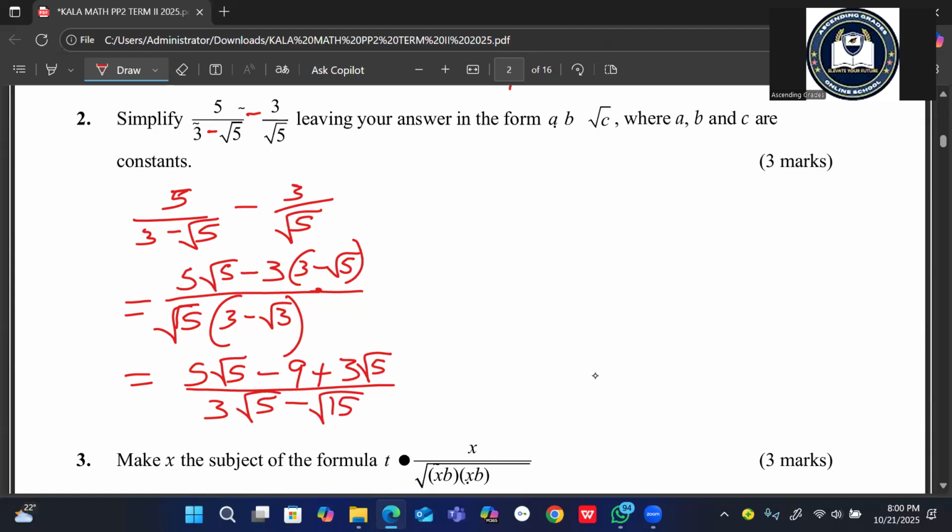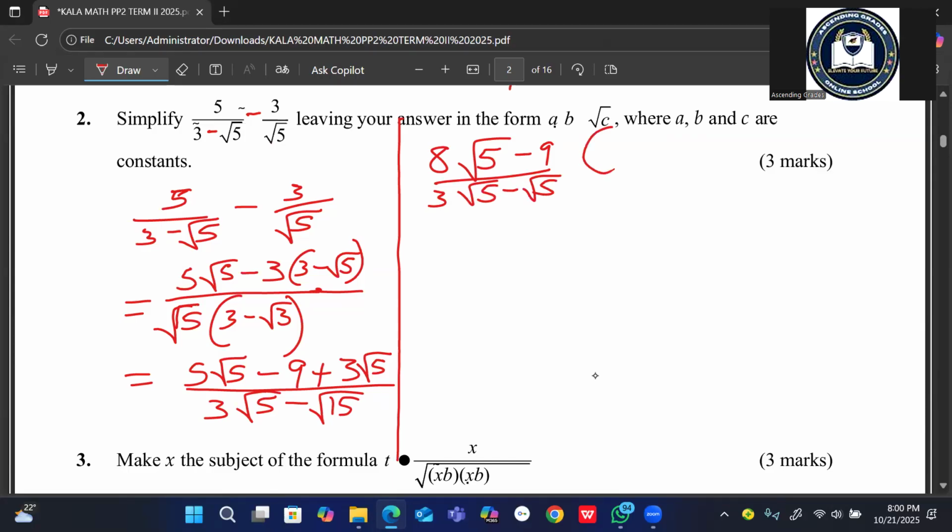From there, we rationalize the denominator, and it becomes 8 root 5 minus 9 out of 3 root 5 minus root 15.